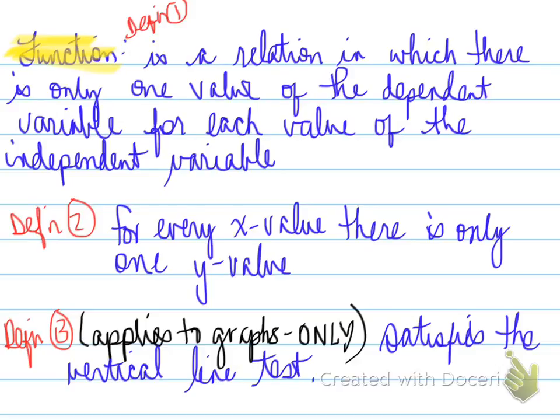So that's another definition you must know. You won't necessarily need to know definition number 1, but for certain you're going to need definition number 2. This is very important. And definition 3 we'll use backwards. We'll use it when it doesn't satisfy the vertical line test. But we'll look at examples shortly for this.